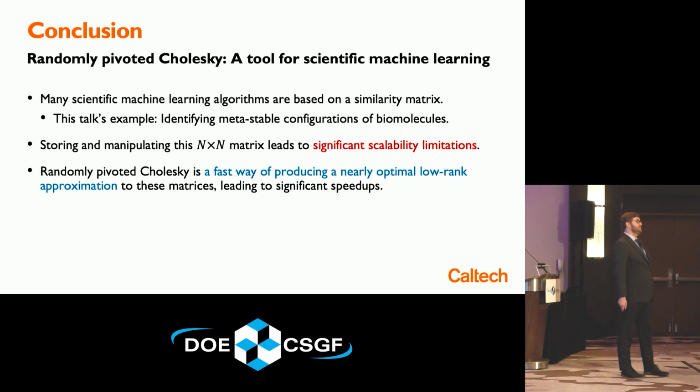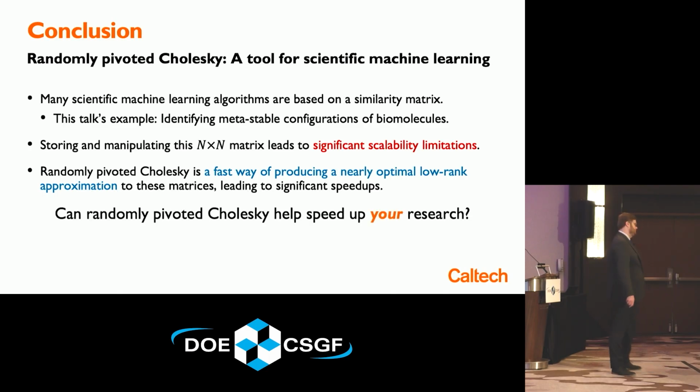Randomly pivoted Cholesky is a fast way of producing a provably near-optimal low-rank approximation to these matrices, leading to significant speedups for many scientific machine learning algorithms. And so I want to conclude by asking, there's a lot of people in this room. I'm sure many of you use methods based on these kind of similarity matrices. Could randomly pivoted Cholesky help speed up your research?